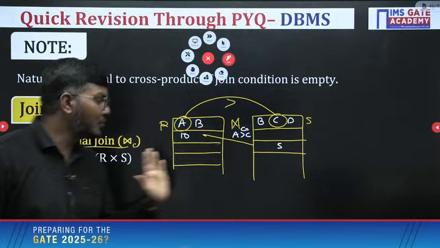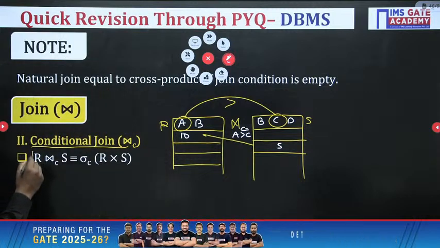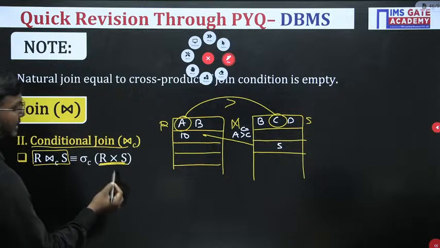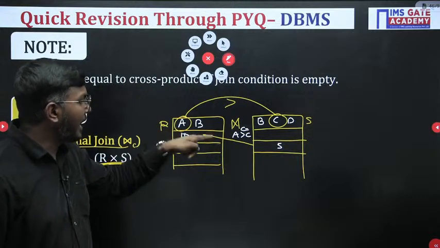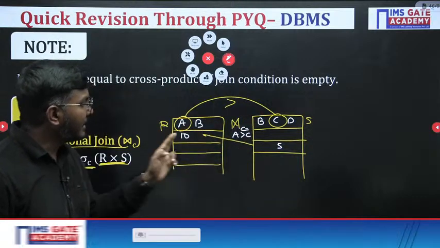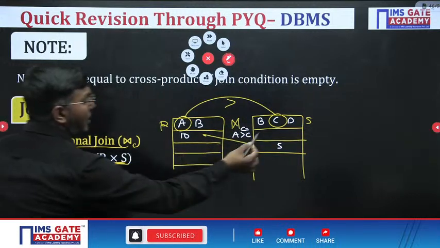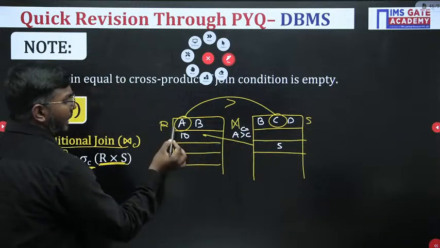That's why the conditional join is equivalent to performing the cross product and then applying the condition. First join each record of R with every record of S, and then after joining, apply the condition whether A is greater than C or not.